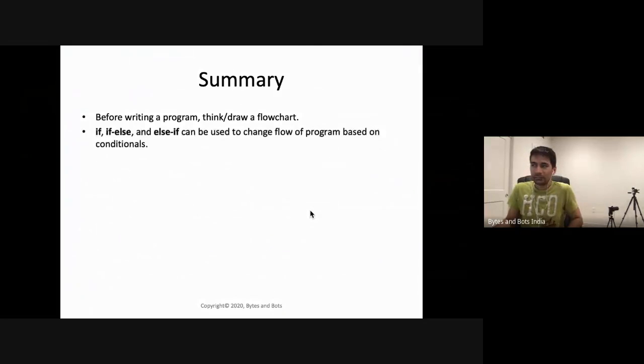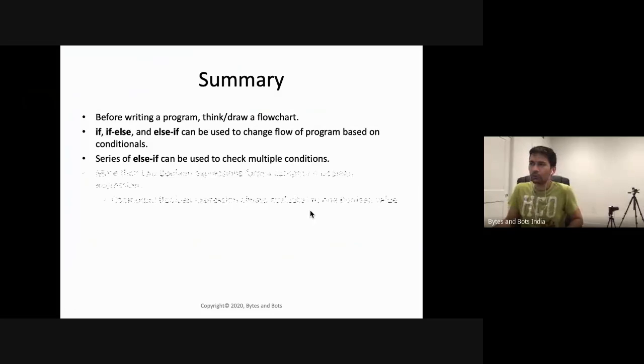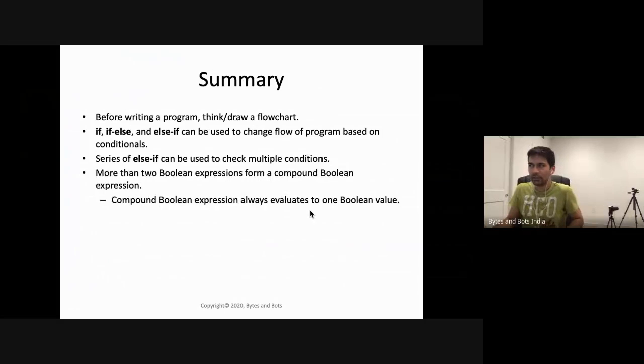We looked at if else, and else if can be used to change flow of program based on conditions. We looked at series of if else's can be used to check multiple conditions. We looked at more than two Boolean expressions form a compound Boolean expression. Compound Boolean expressions always evaluate to one Boolean value, either true or false.